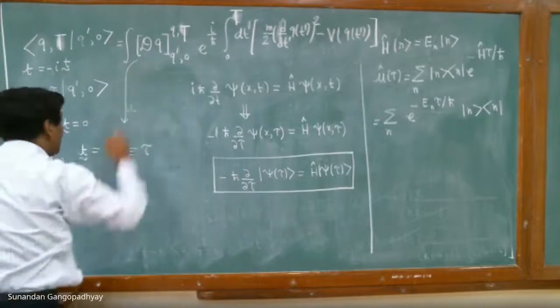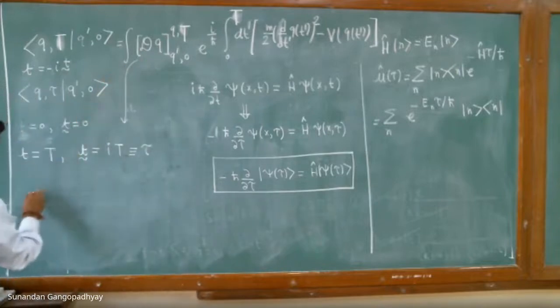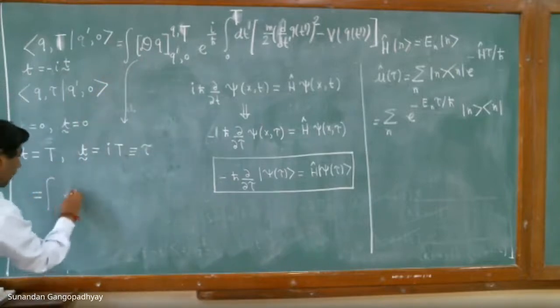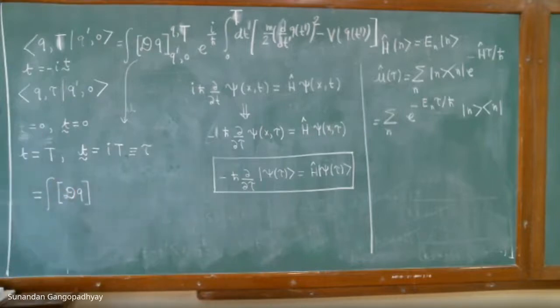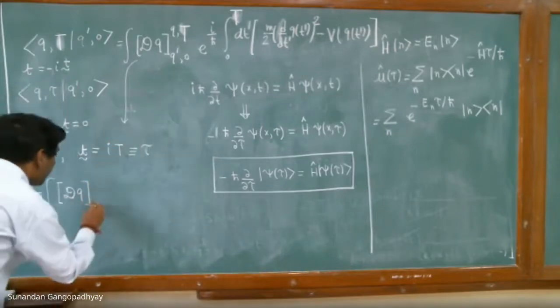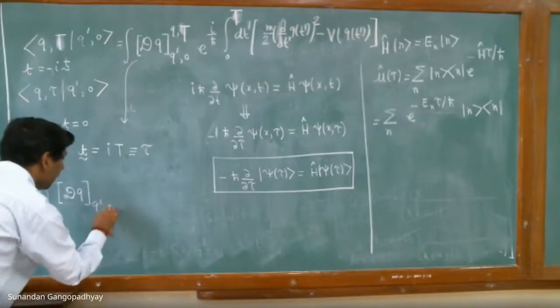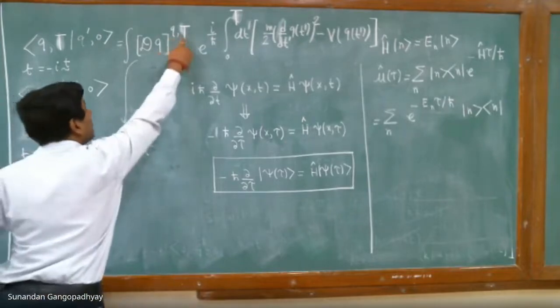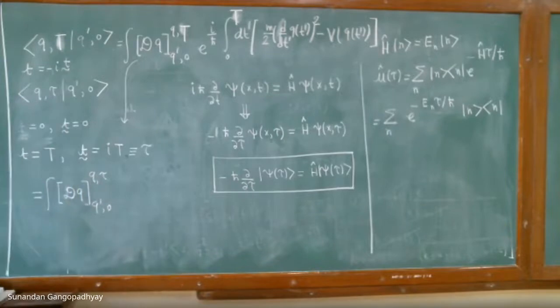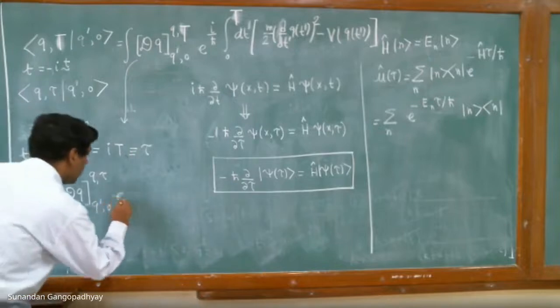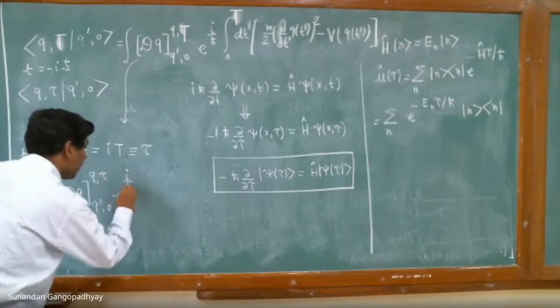Okay. So now I can write down this integral. This integral is basically D of q, with boundary conditions q prime at 0, and this is q at T, but now this will become q tau. Instead of T, it will become tau. Then we will have e to the power of i by h bar.